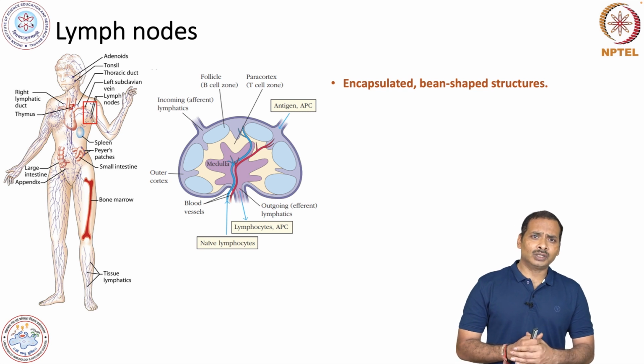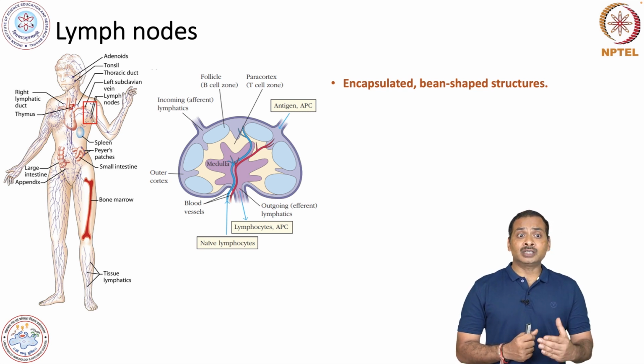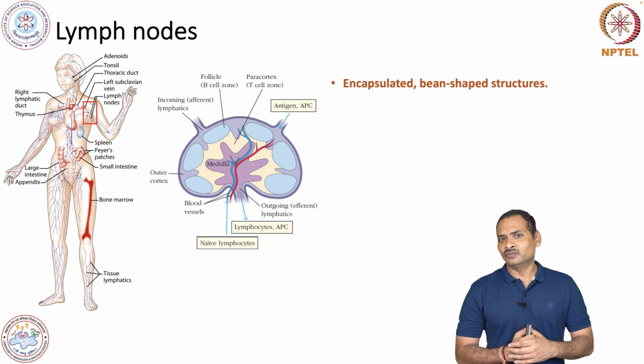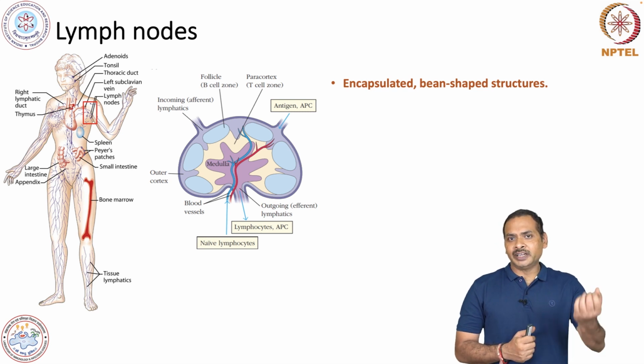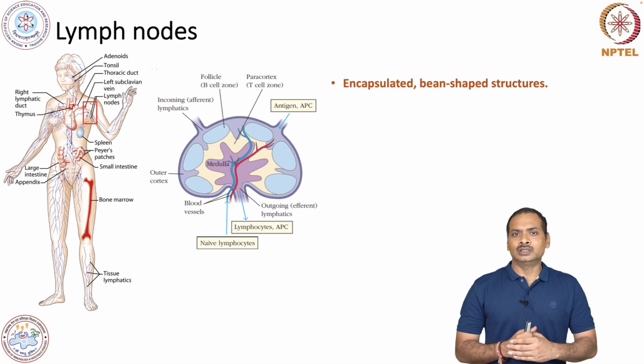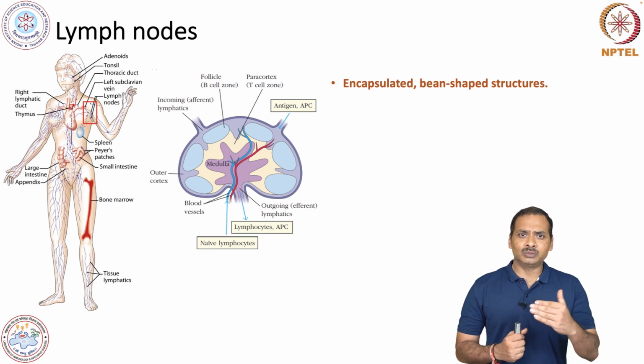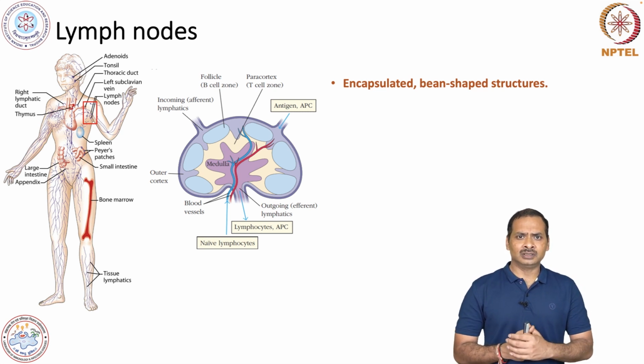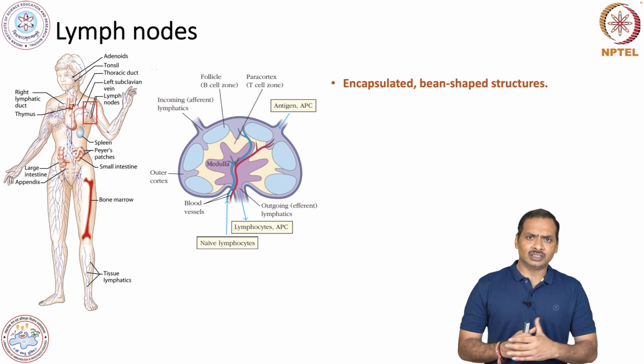One of the most important components is the incoming lymphatics, meaning there will be an inflow of lymph. Just hold on, I will explain about the lymph after finishing the lymph nodes.